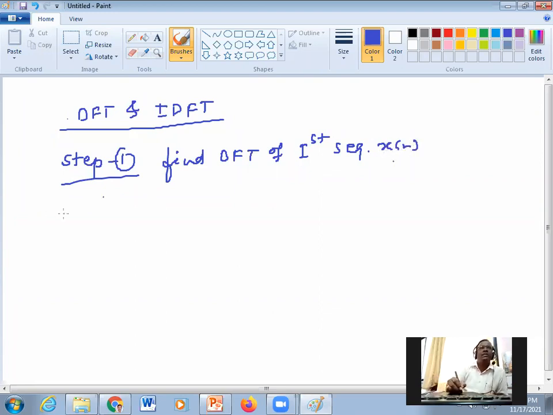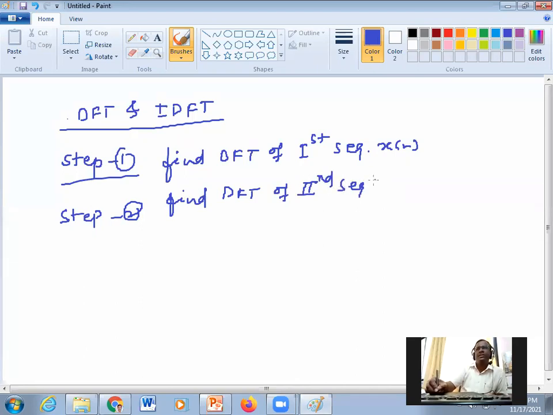Step 2 is find the DFT of the second sequence. Let's take it as h of n or x of n, either one. Step 3: multiply both, the multiplication of two DFTs.